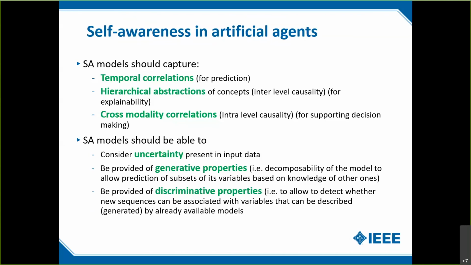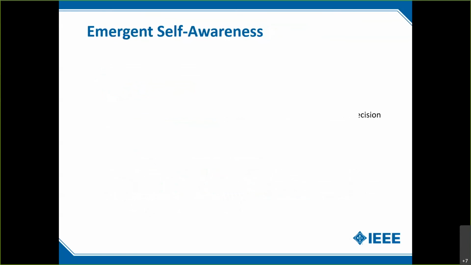We speak about generative properties and discriminative properties, and you can find more details on this in the paper, because the models that you need to create this emergent self-awareness should be capable of providing all the features I mentioned before: prediction, the capability to learn from abnormalities, and to discriminate between different types of abnormalities that can happen.